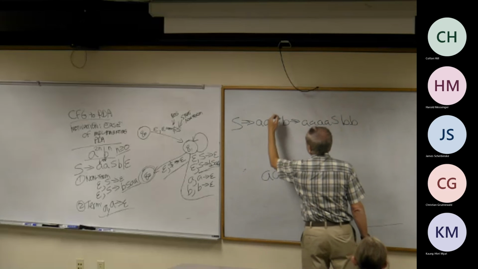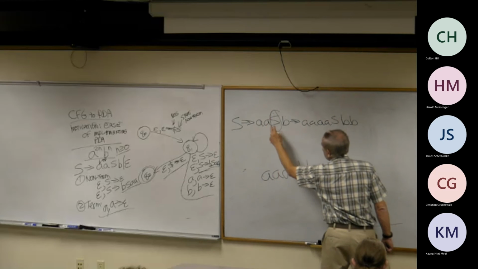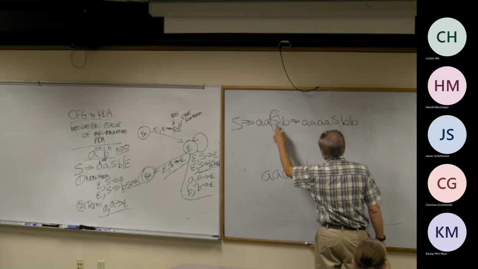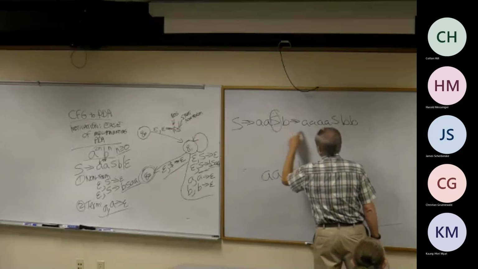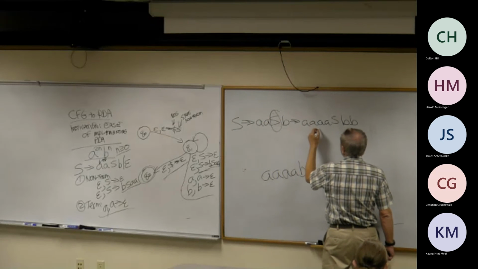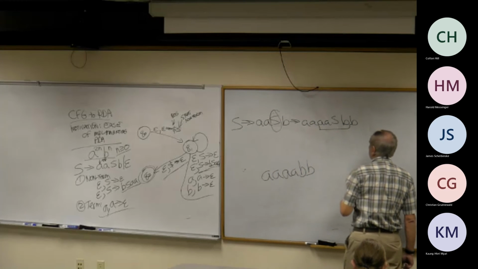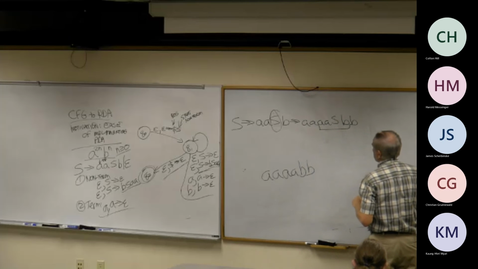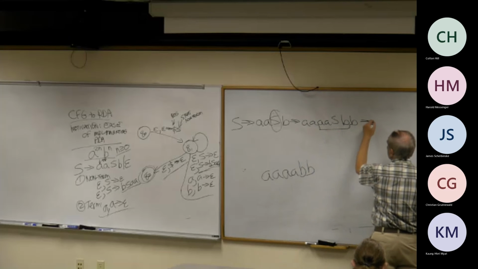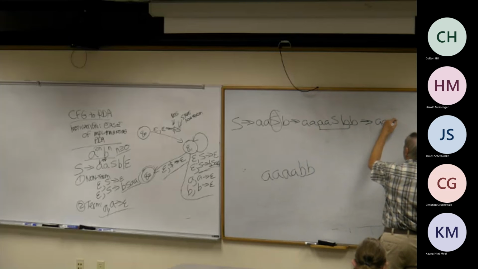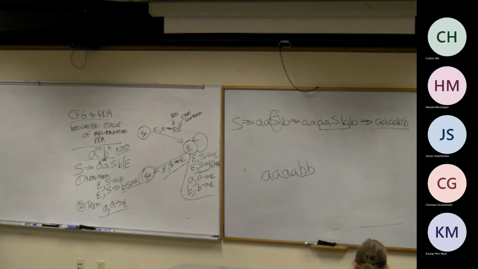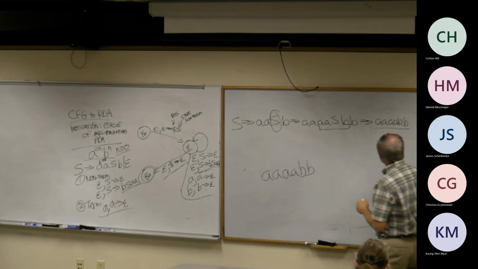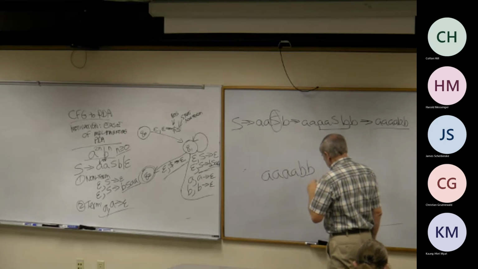So we're filling in from the middle here. We're stuffing AASB in that slot. So these are the original AAs over here, and these are the new ones we just added. And that was it. So then we just go to, yeah, we made it. The S gets replaced with an empty string.